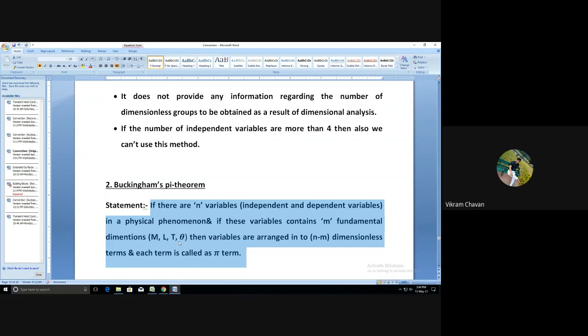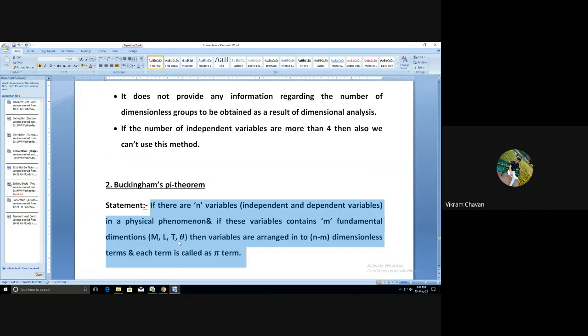We know we have considered the 4 fundamental dimensions: mass, length, time, and temperature. Out of these 4, we need to consider how many are included in that phenomenon, and equate that number to m.